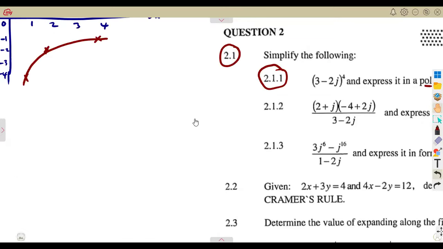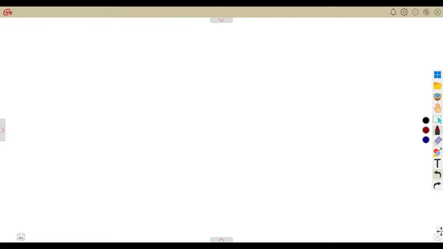So let's check what we have, guys. This is 2.1, so you're going to have this as 2.1.1. So we are given (3 minus 2j) to the exponent of 4. When you're given this, remember it is easier for you to raise a certain complex number to any exponent when it is in polar form.